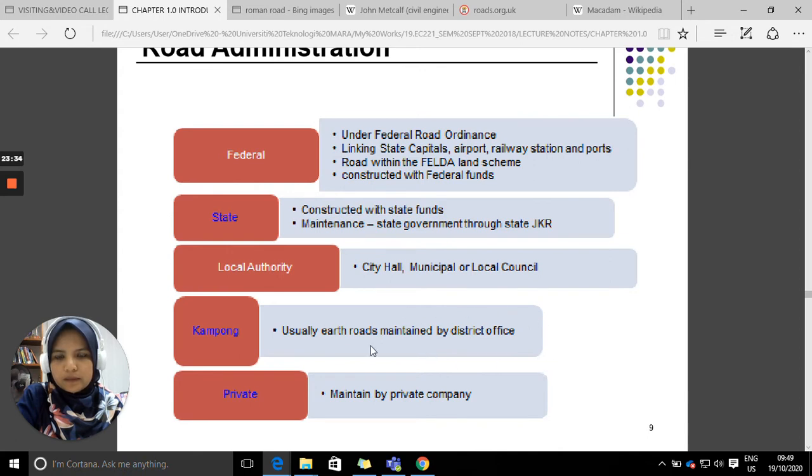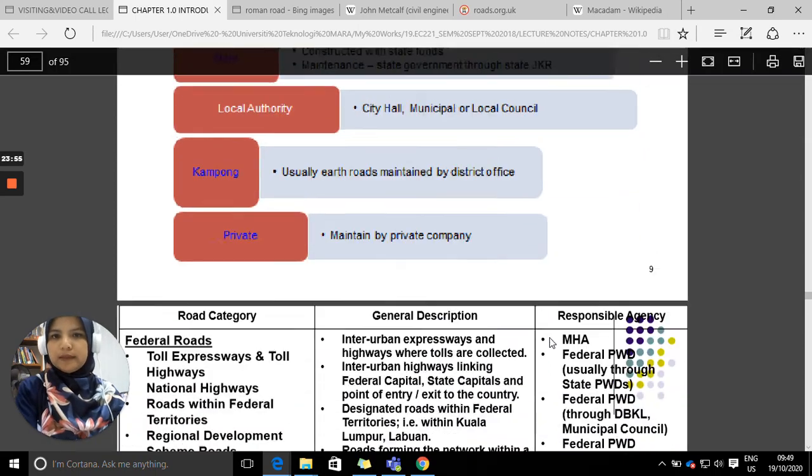Okay? Pejabat daerah, they take over the kampung road. And private roads are maintained by private companies. This is more the expressway, LEKAS Highway, for example. There are lots more in the Klang Valley. There are lots of companies that maintain the private road. This is usually with toll.